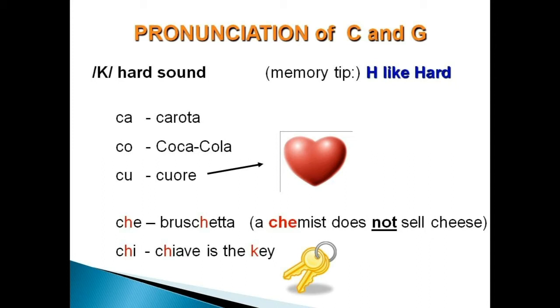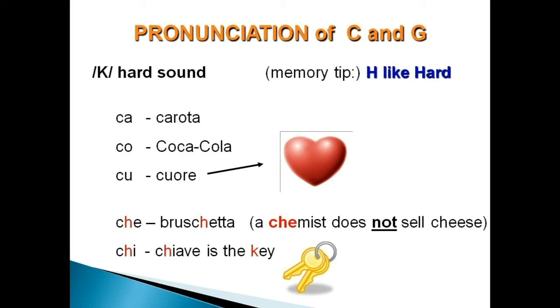This is quite difficult for the native English speakers because they're used to pronouncing CH as a ch sound. So as a memory tip, I found a word, one of the few words in English that are spelled CH but are pronounced as a k. This is the word chemist.